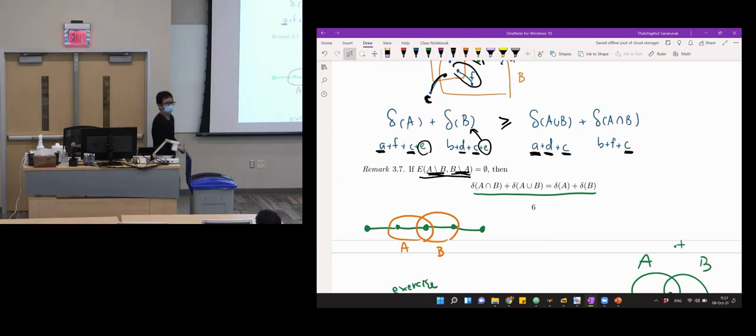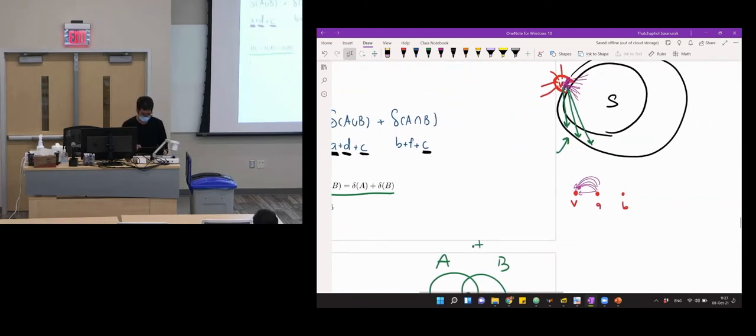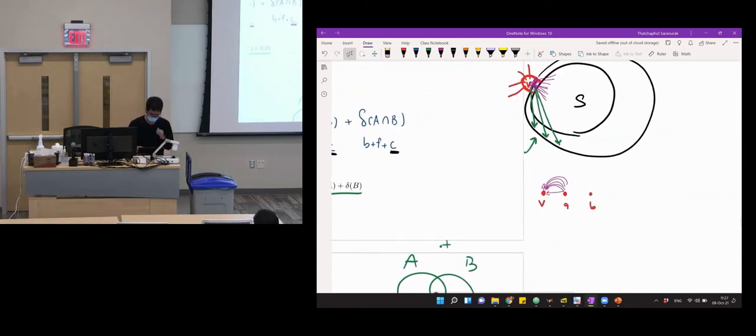A intersection B, you have to put a lot of edges out of A intersection B towards A. Yeah, if A is in B, I think. If we can ensure A and B, then you can put a lot of edges out of A intersection B to A.